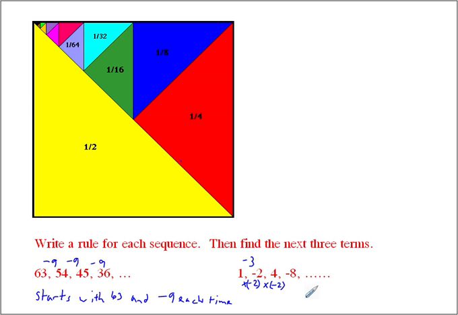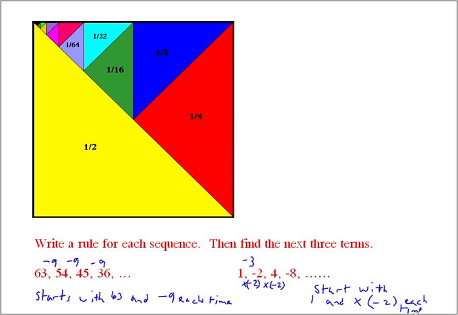So again, it starts with 1, the first number in the sequence, and times negative 2 each time. That's the rule of our sequence.